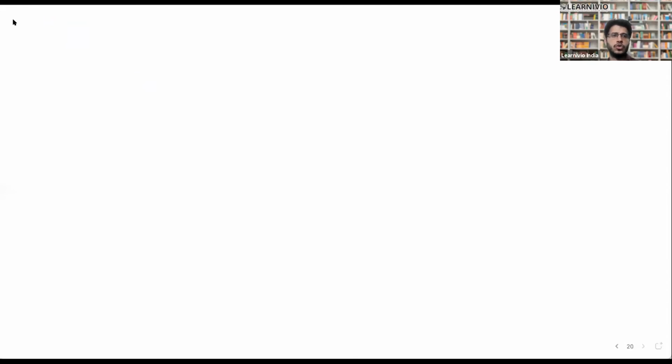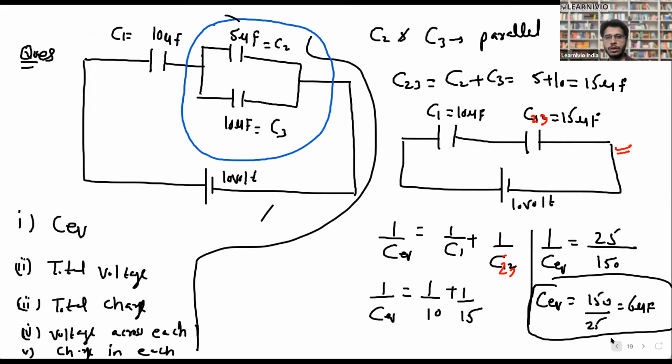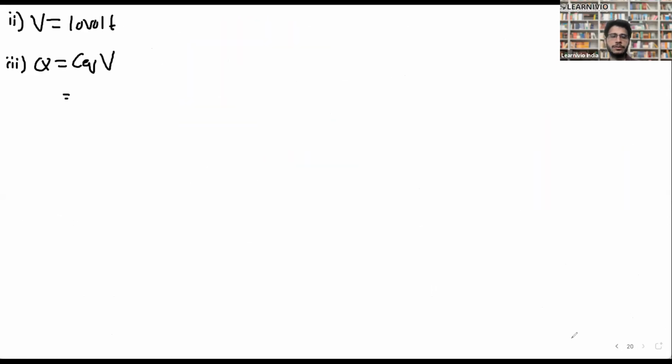Total C equivalent we know. Next we need total voltage. Total voltage is 10 volt. Next we need total charge. Total charge is always total capacity into voltage. What is total capacity? Total capacity is this 6.